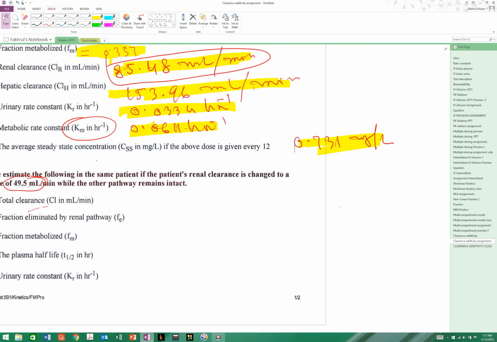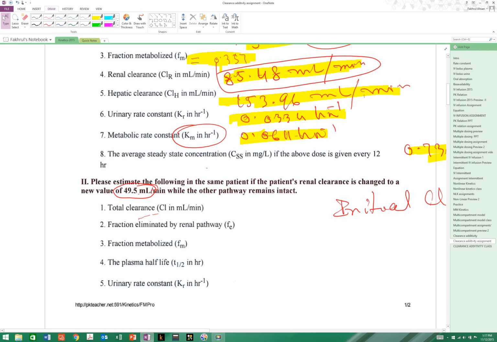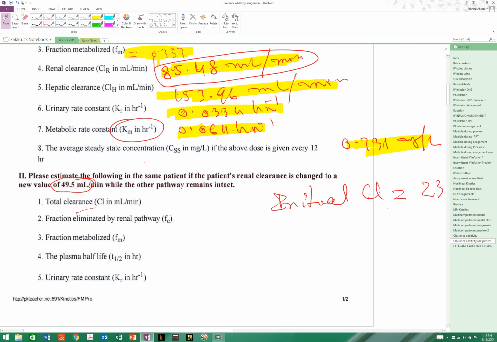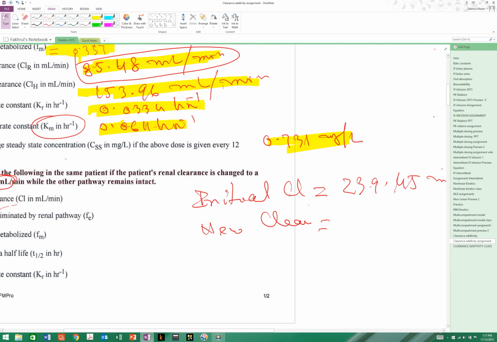In this same patient, the clearance has changed. Our initial clearance was 239.45 milliliter per minute, and this patient's new clearance is 49.5.